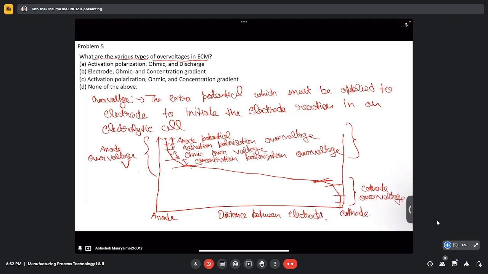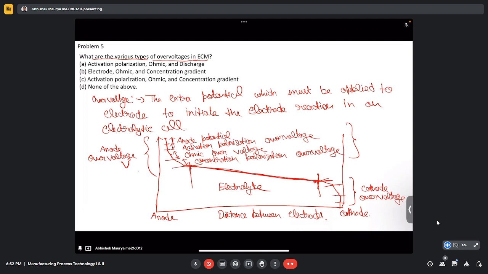And this region, this straight line, is the region of electrolyte. In the electrolyte, Ohm's law is followed.